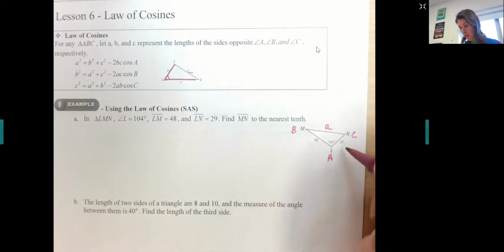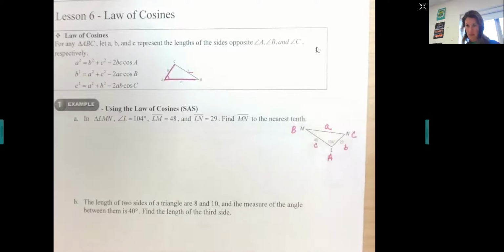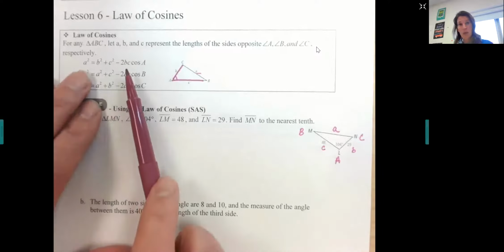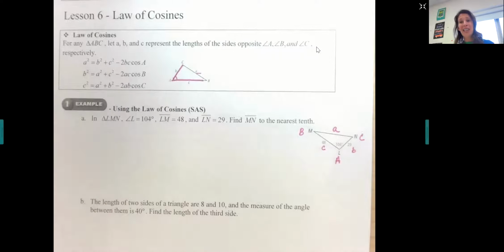Little b is across from big B, and little c is across from big C. So now that I've got everything labeled, I'm able to put it into this equation where we're just finding the missing thing. Because we already have two sides and an angle, we're easily able to do this.